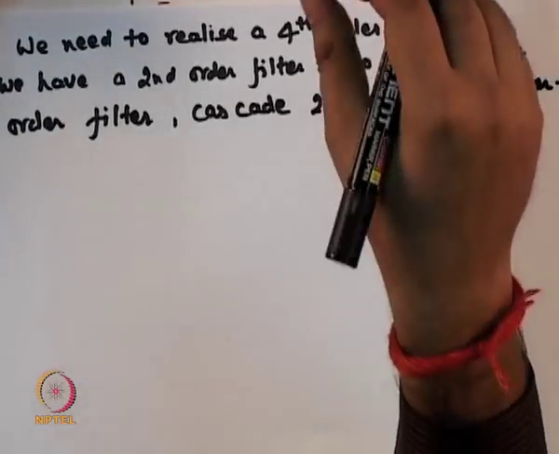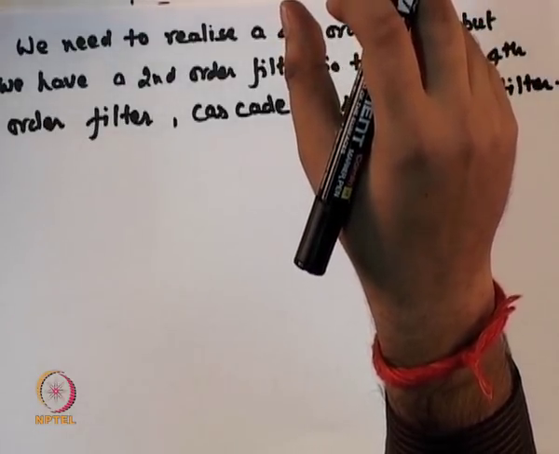Suppose we have two transfer functions of two filters, H1(s) and H2(s). The overall transfer function of the cascaded system will be H(s) equals H1(s) into H2(s).